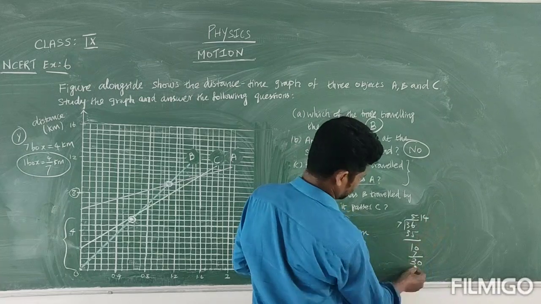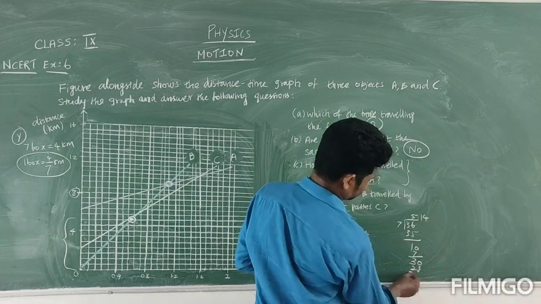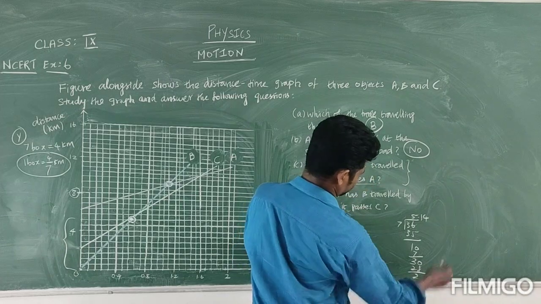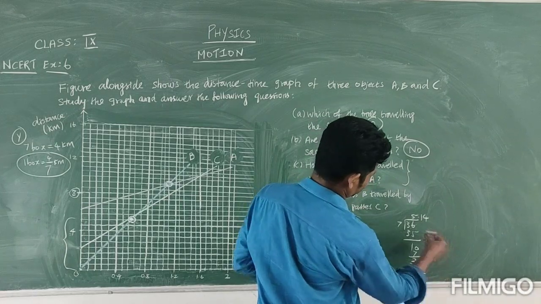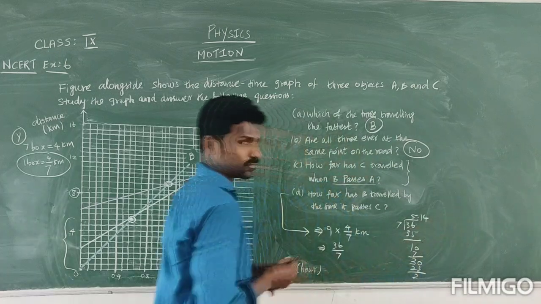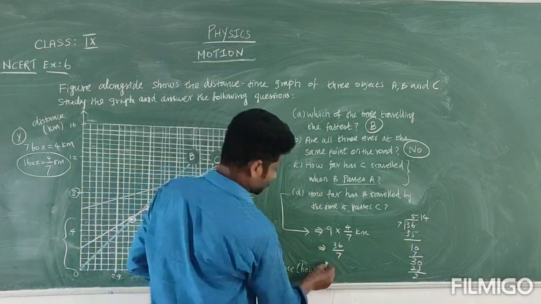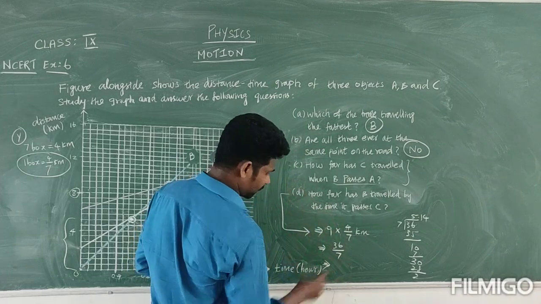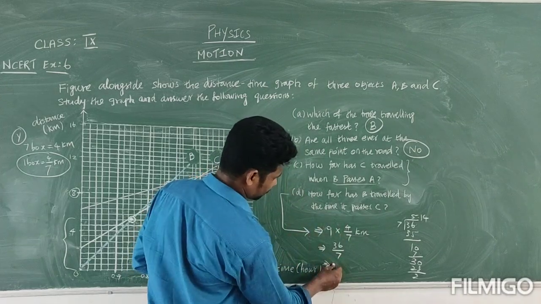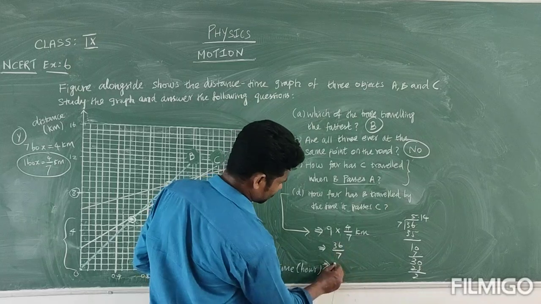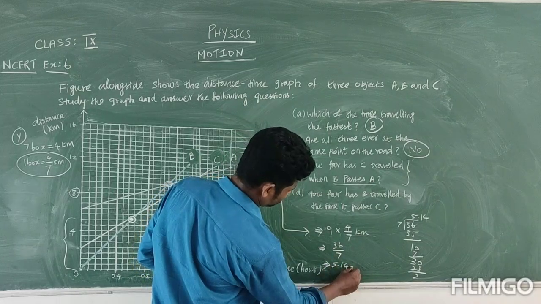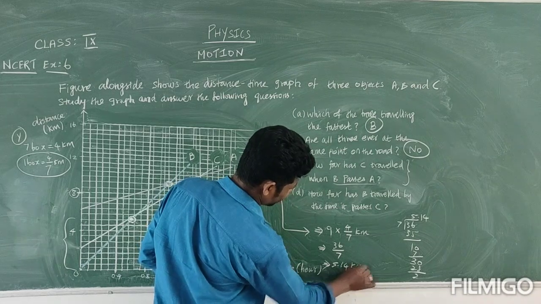Then 4 times, 28, the remaining 2. So it comes to 5.14. So the distance traveled by object B while crossing C is 5.14 kilometers.